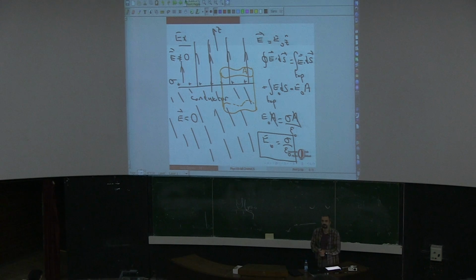Any questions? Why is this one? The upper one. Okay, so what you should understand by this integral sign is that you have this surface. You are talking about a surface integral.